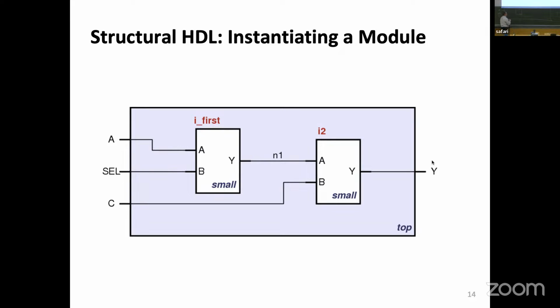And this small guy also has 2 inputs and 1 output. I'll just write it inside so that it doesn't mix. This is A, B, and Y. That's great. And I know that this A will be connected here, and B will be connected to this signal internally. So this is my goal.